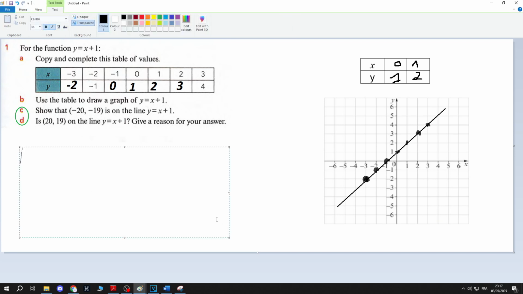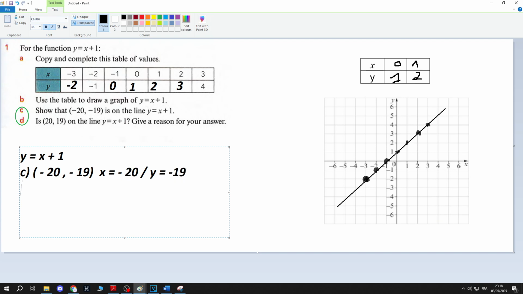So there is a way actually. So y equals x plus 1, right? And for c, the point is -20, -19, sorry. If you remember what we've done, we said that the first number stands for x, that means x is -20, and the second number stands for y, so y here is -19.